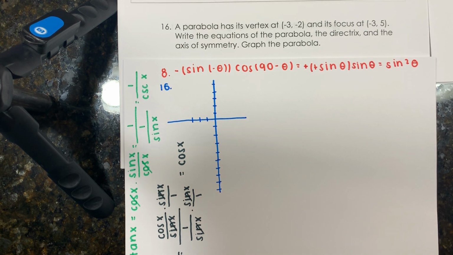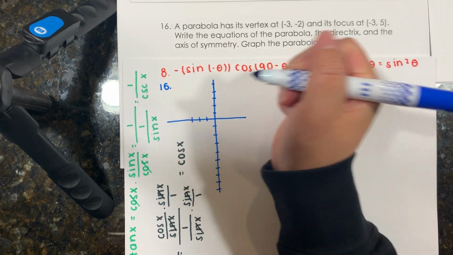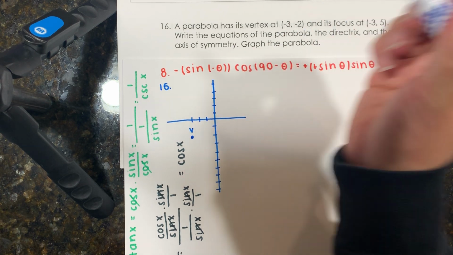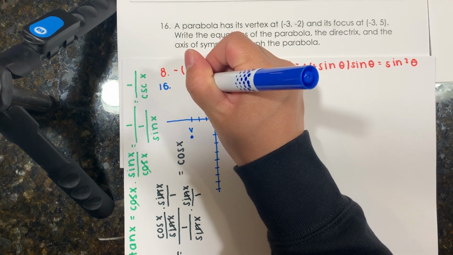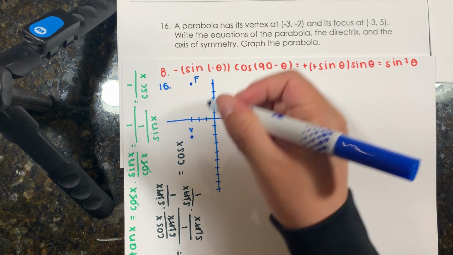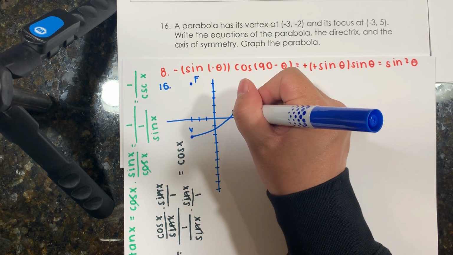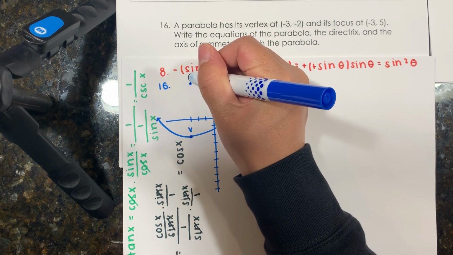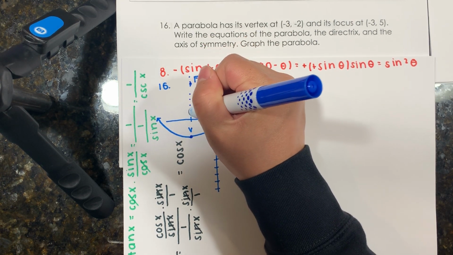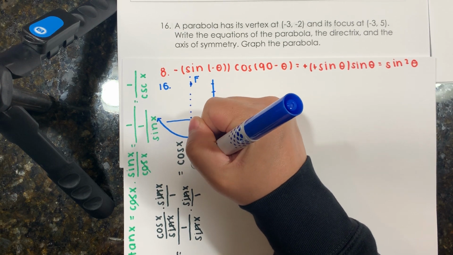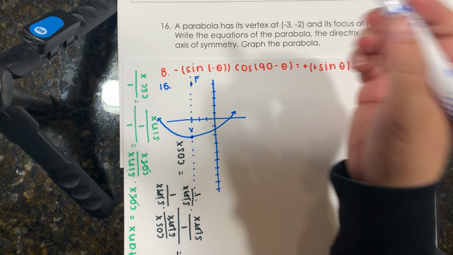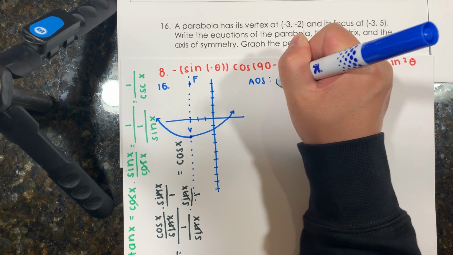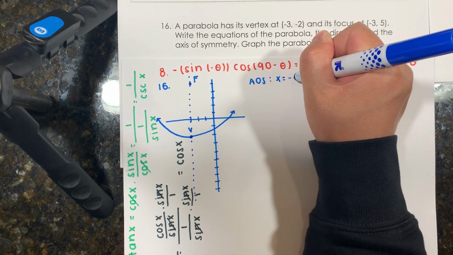So this isn't really going to fit, but -3, down 2 is going to be your vertex. Your focus is at -3, up 5. So I know that my parabola is going to open up towards the focus. This is going to be my axis of symmetry, where your vertex and your focus line up, which means your axis of symmetry is going to be x equals -3.